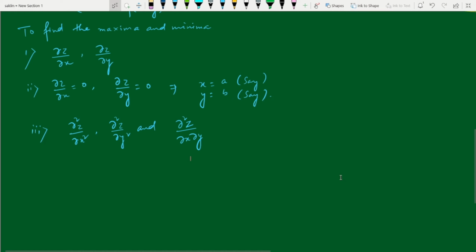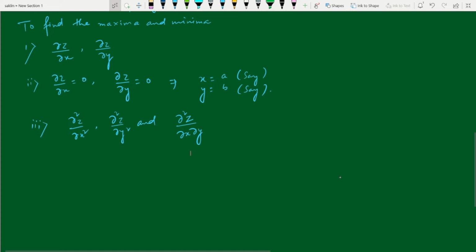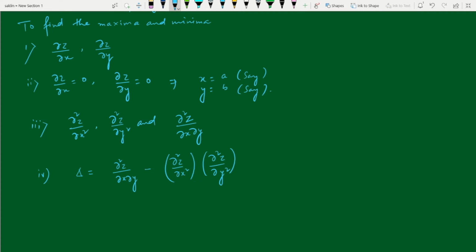After getting this, another equation we have to do, that is del equals double derivative of z with respect to x and y minus double derivative of z with respect to x into double derivative of z with respect to y.